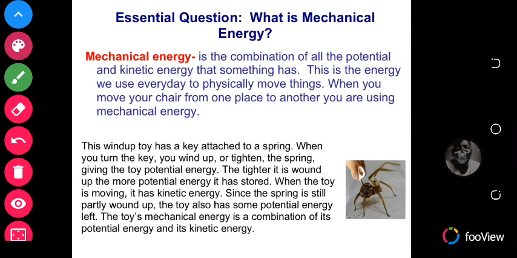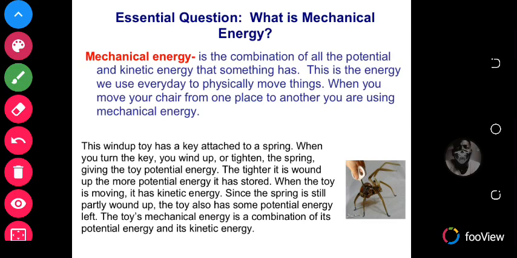The tighter it's wound up, the more potential energy it has stored. When the toy is moving, it has kinetic energy. Since the spring is still partly wound up, the toy has some potential energy left. The toy's mechanical energy is a combination of its potential and kinetic energy.